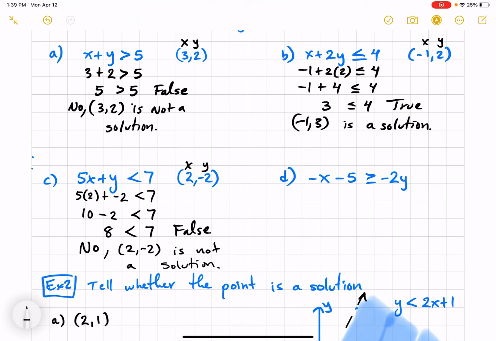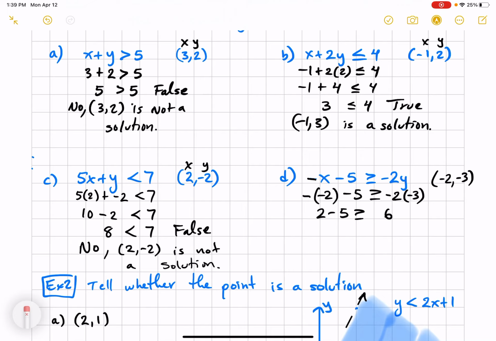Okay, I forgot to give you a point on the next one, so let's write down here. Let's do (-2, -3). Well, -2 for x, and x is -2. And we're going to see if this is greater than or equal to -2 times -3. This is 2 minus 5. Is that greater than -6?